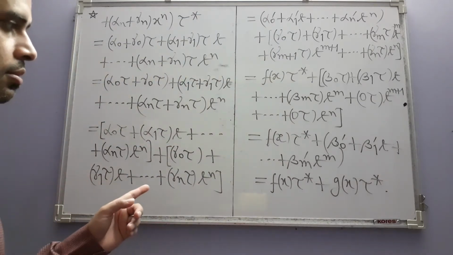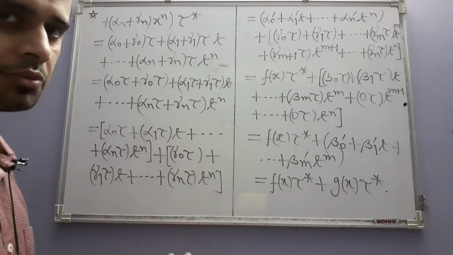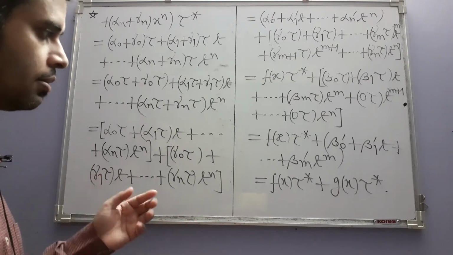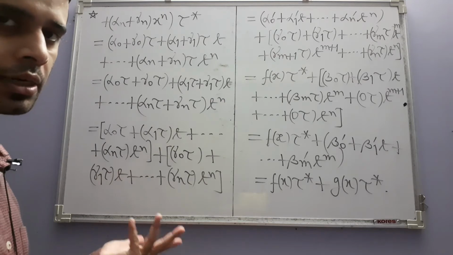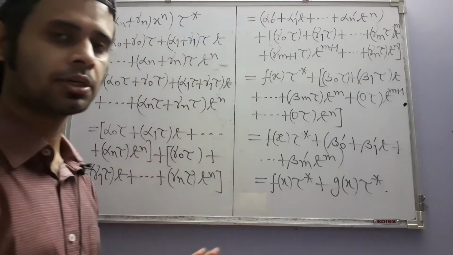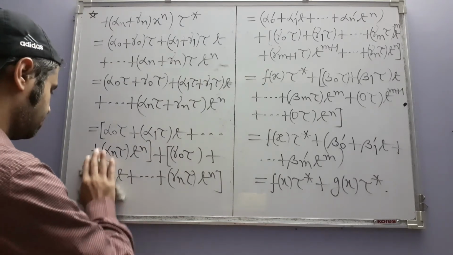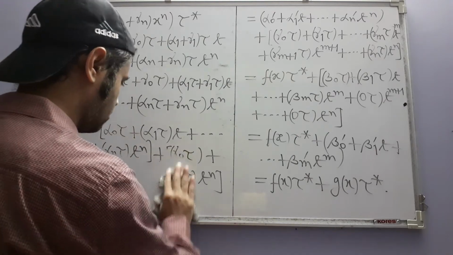So we started by considering the sum f(x) plus g(x), and in fact we were applying tau star on that sum. So it turns out to be equal to this. So tau star respects addition. We have shown that thing.